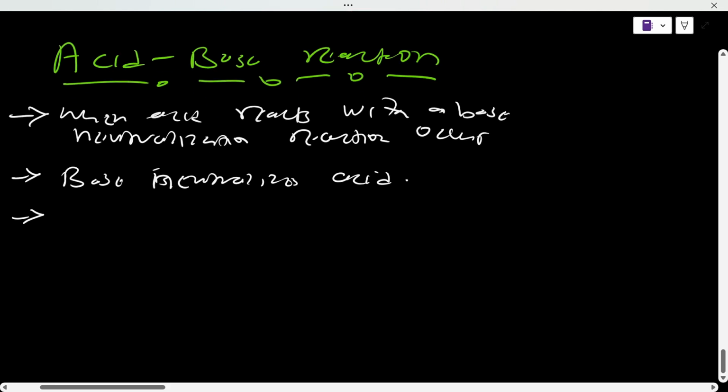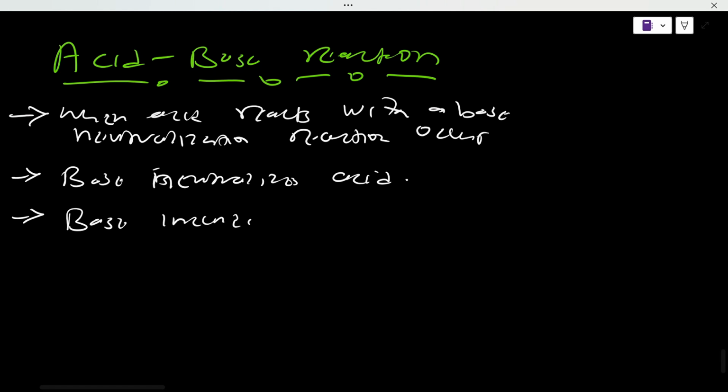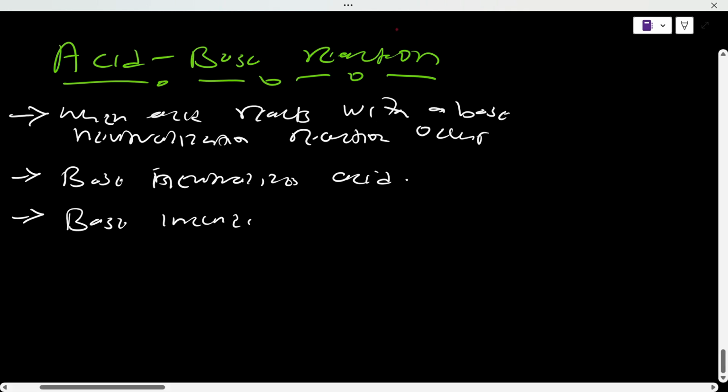The third thing you have to know about acid-base reaction, bases include one, metal oxides, two, metal carbonates, and three, metal hydroxides.